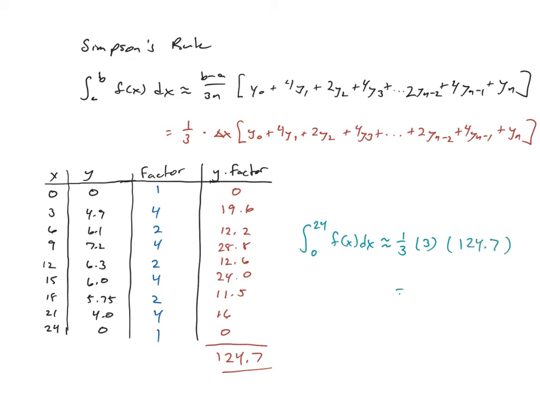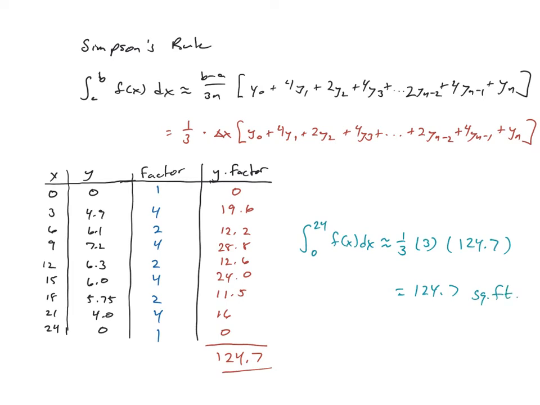So that equals 124.7, because 1/3 times 3 is 1. So the approximate value of the definite integral is 124.7. As I said, this was approximating the area of a pond surface, so the units for this particular one would be square feet.